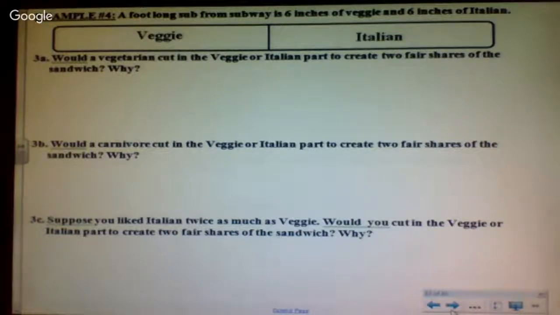Hoagies are good. Hoagie and a sub are the same thing. Like an Italian hoagie. So you can go to Subway, we're going to Hoagie Way.